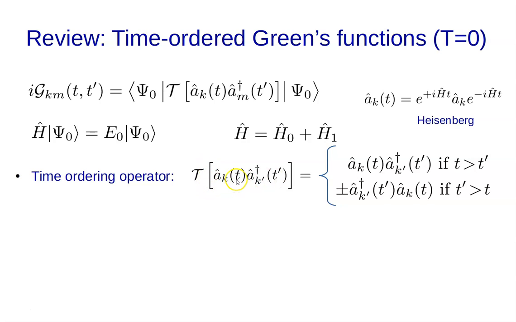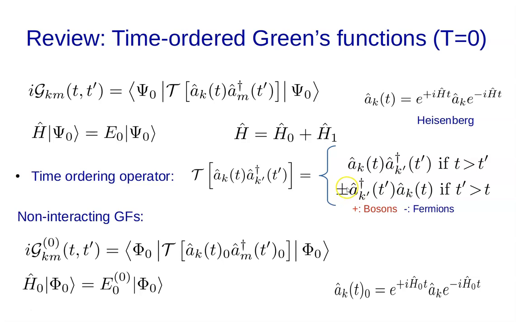And the time-ordering operator, as we saw, is defined as such. If t is larger than t prime, then the order is a_k at t times a_m dagger at t prime. But if the order is reversed, if t prime is larger than t, then we get the operators in the opposite order, with a plus or minus sign: a plus for bosons and a minus for fermions.